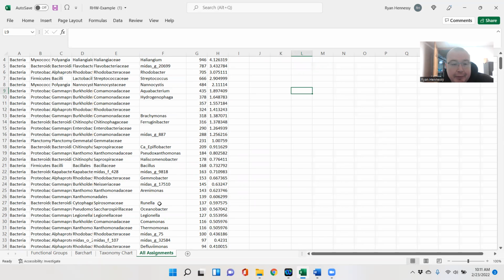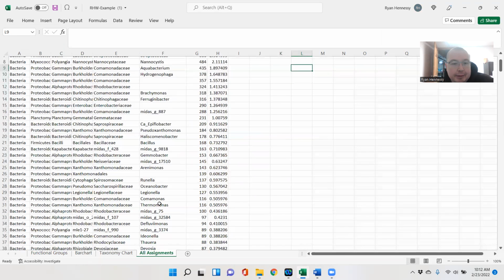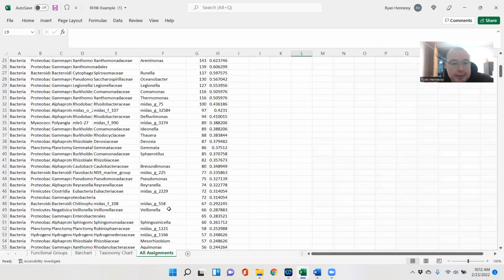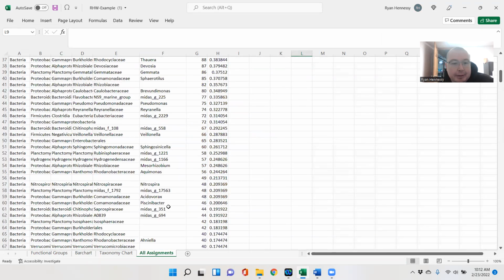It can also be variable, so a lot of the different filament genera can be present as filaments or single cells or tetrads or other forms. There was a trace amount of Spirilla, which can also be single cell in addition to filaments. So it does give us a little bit of extra information.